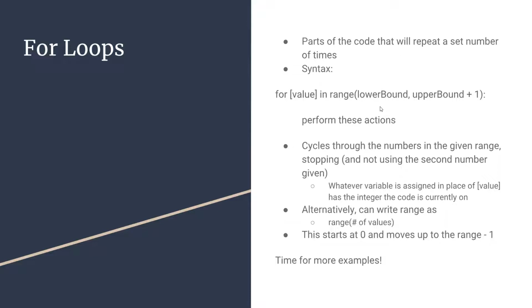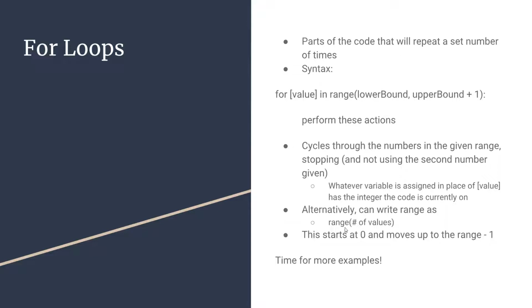So the first pass through these actions, this value is 0, and then it moves on to 1, 2, 3, 4, and so on to 10, and then it stops at 11 because it breaks once it hits this number. And the alternative way of writing the range is that you can say the range and then the number of values that you want. So we said that we wanted 0 to 10, which is 11 values.